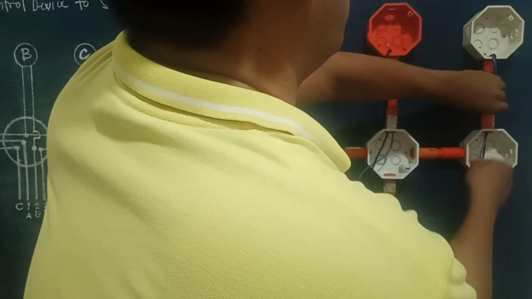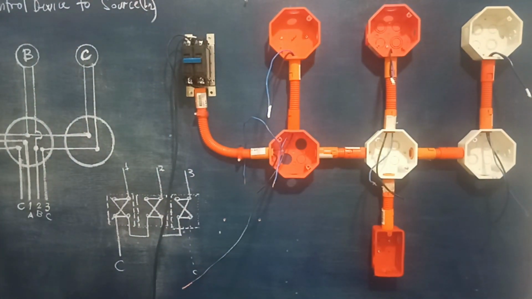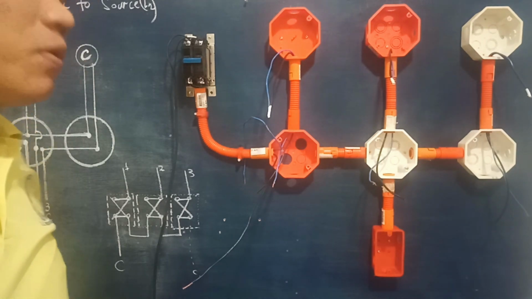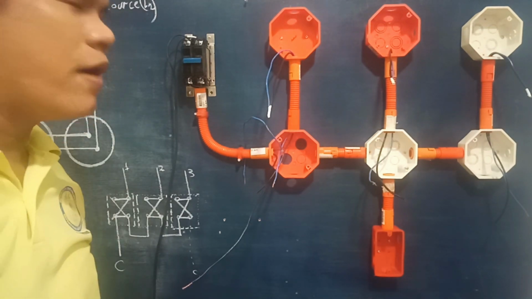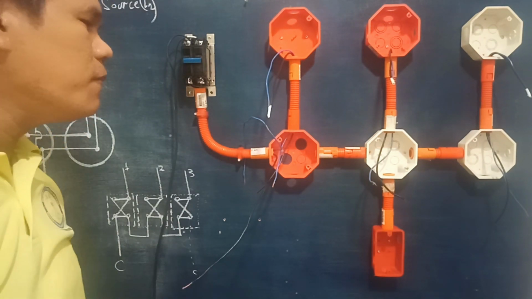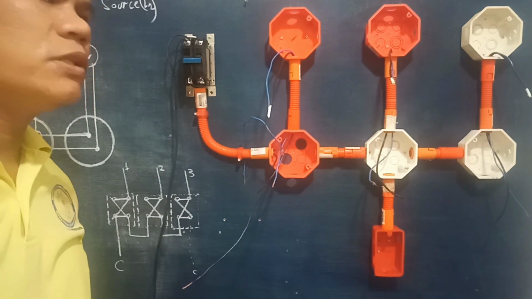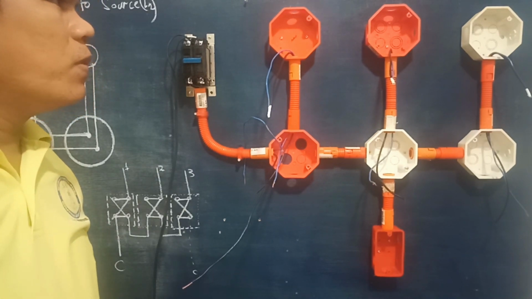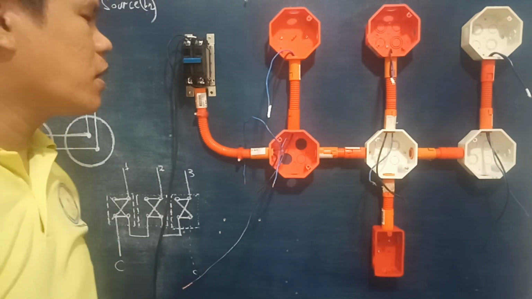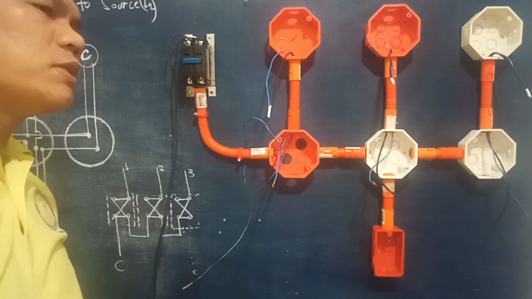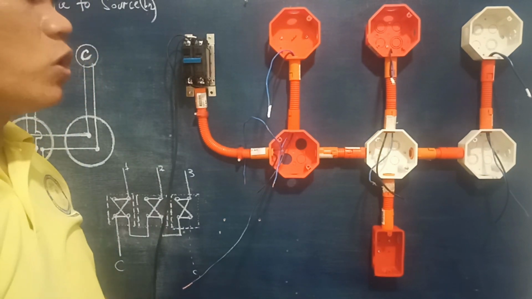So these are the only available wires, since somebody requested in our demonstration here to have the color coding. But actually in the real situation, once we are going to do an electrical wiring installation, there is no such color coding.